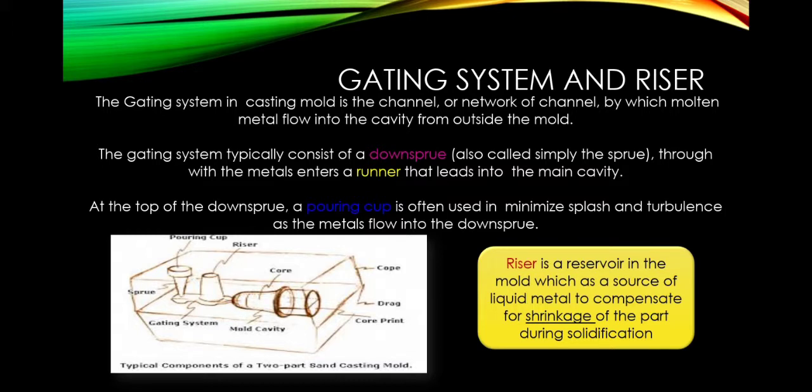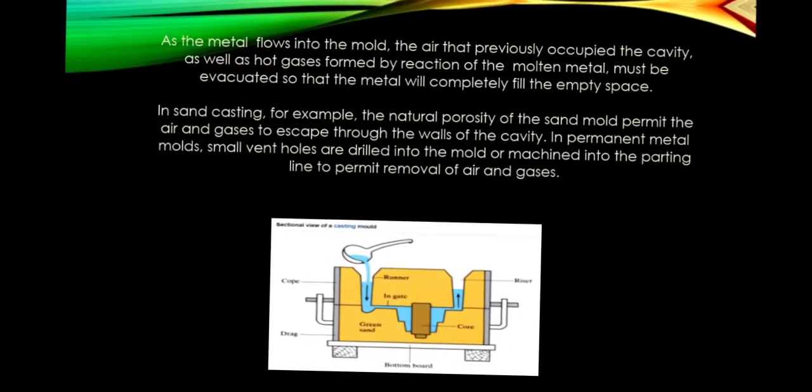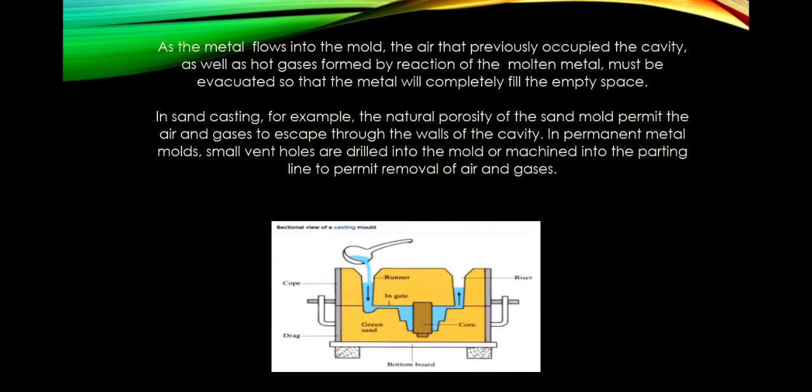A riser is a reservoir in the mold which is a source of liquid metal to compensate for shrinkage of the part during solidification. As the metal flows into the cavity, the air that previously occupied the cavity, as well as hot gases formed by reaction of the molten metal, must be evacuated so that the metal will completely fill the empty space.